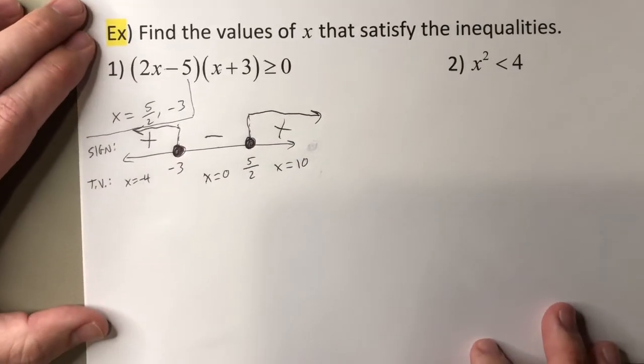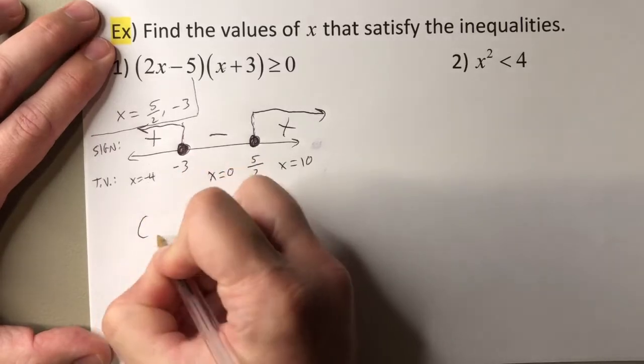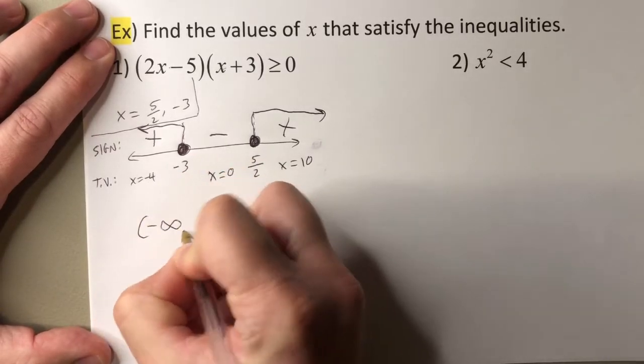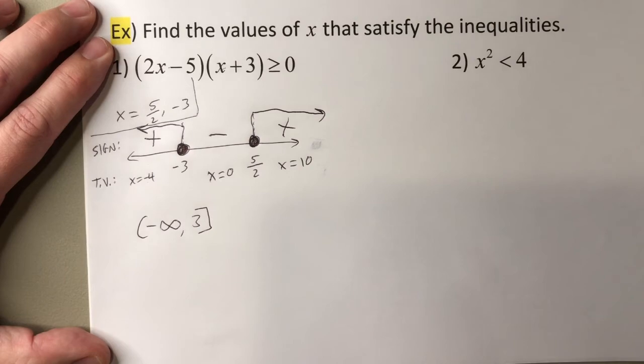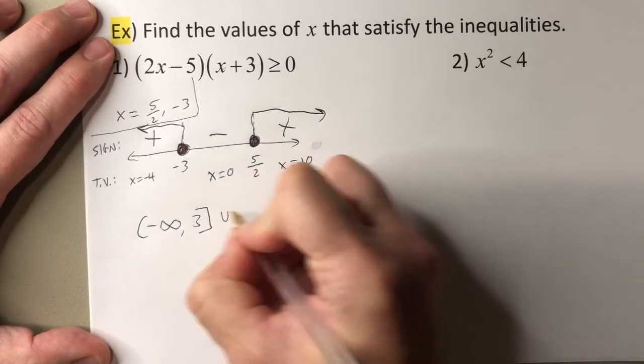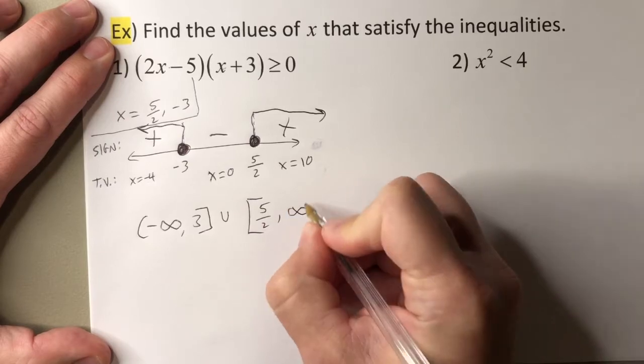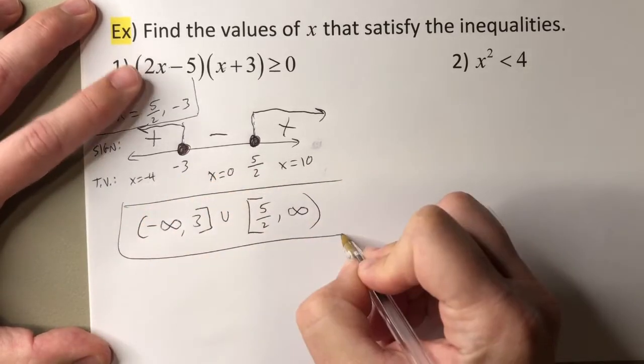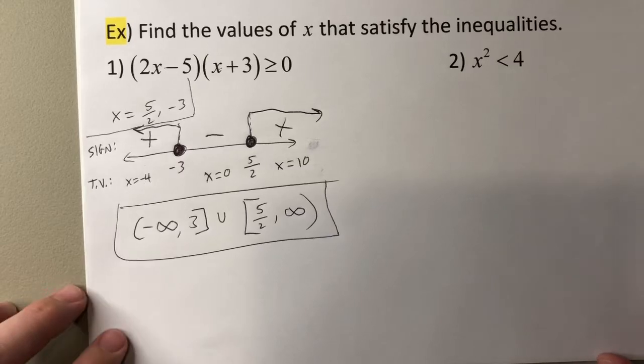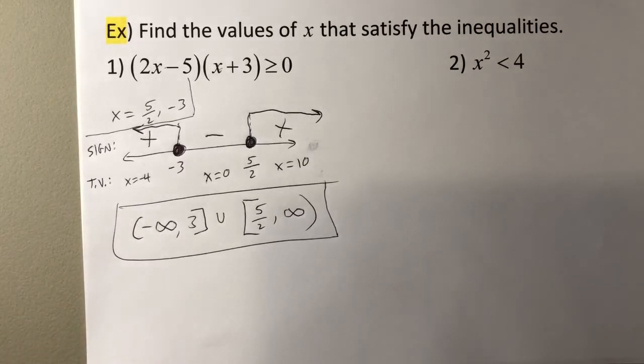Okay, we want to be able to put this now in interval notation form. So the final solution would be from negative infinity to negative 3, close bracket, or open bracket, 5 halves to infinity. All right? That's the final result in interval notation form for number 1.